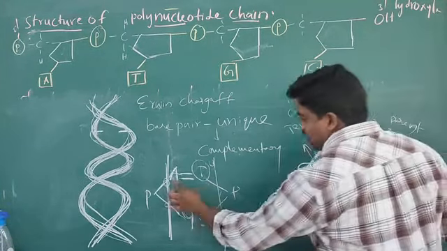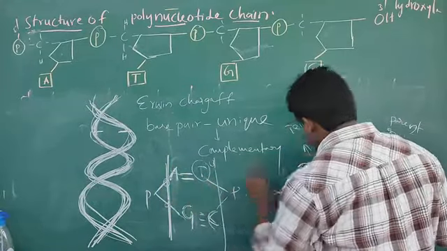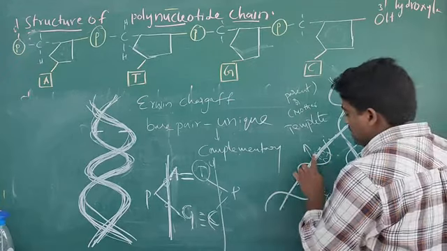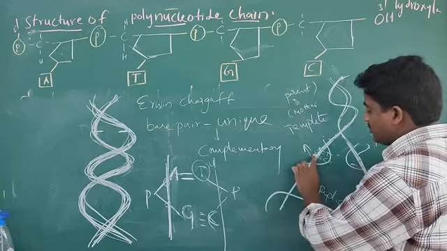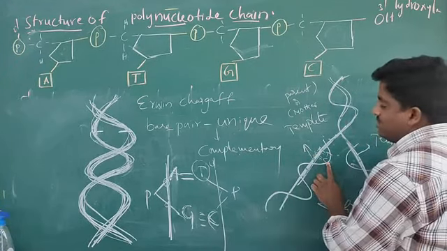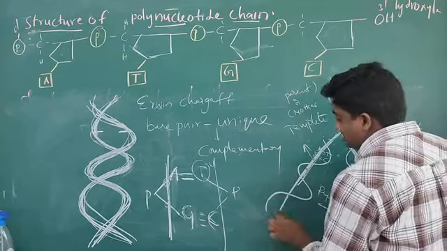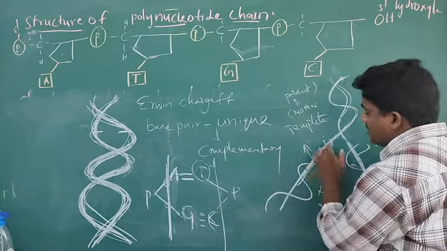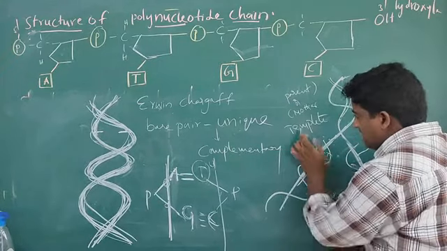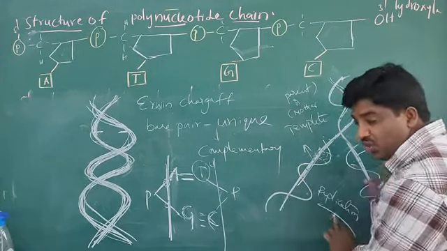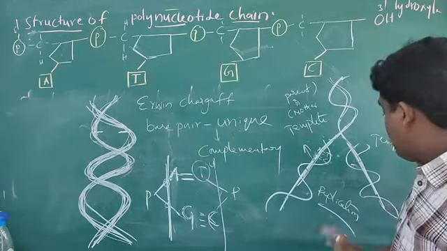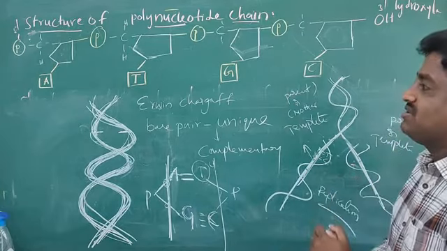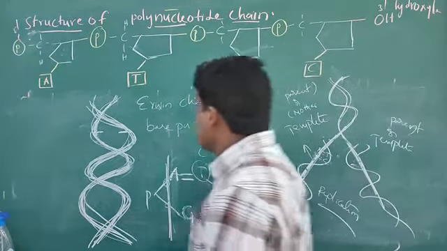If adenine is present in one strand, thymine is formed in the opposite strand. If guanine is present, C is formed opposite. Such a process, the formation of a daughter strand from the template strand, we call the replication process. That's it. Okay.